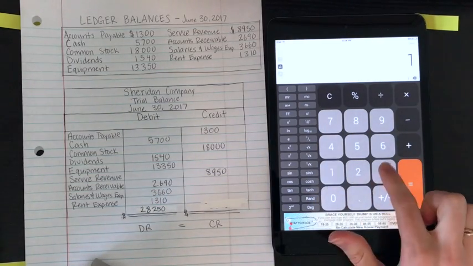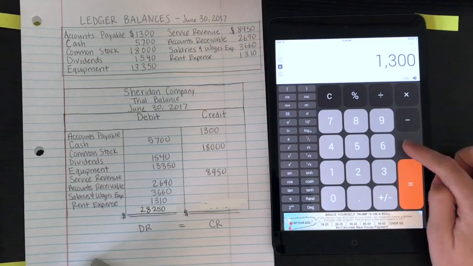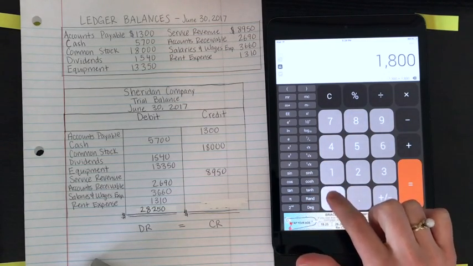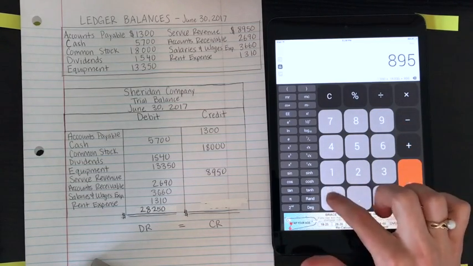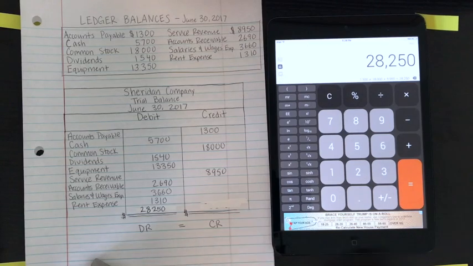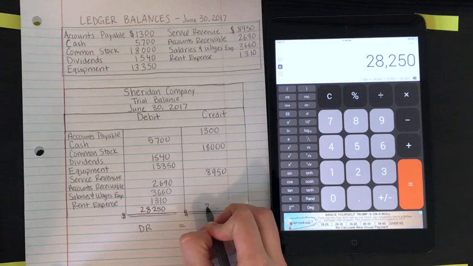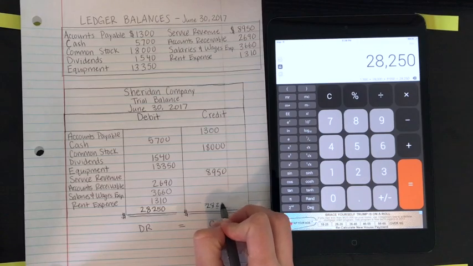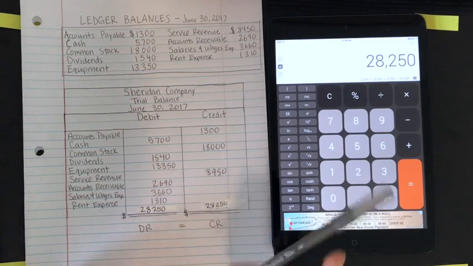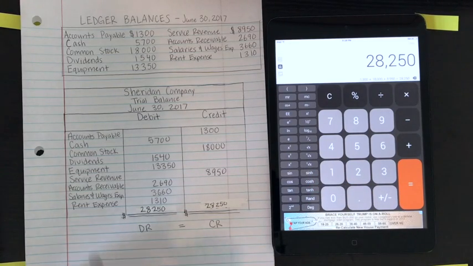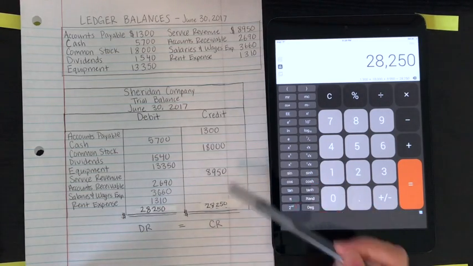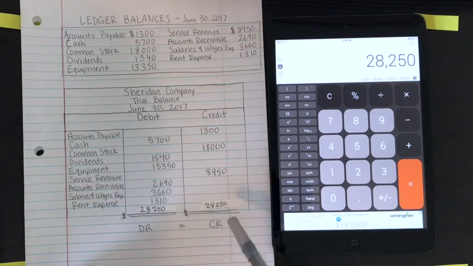Now let's add up our credits. All right, and we got the same thing. If you get the same thing on both sides, then you know that you filled out your trial balance sheet correctly, because we have all of our debits listed, all of our credits listed, and when we add up each side, they are equal. And that is how you prepare a trial balance.